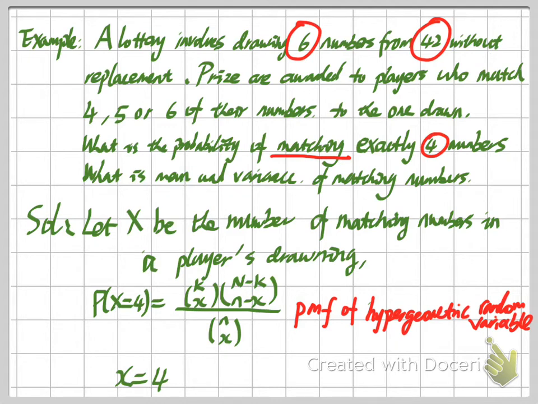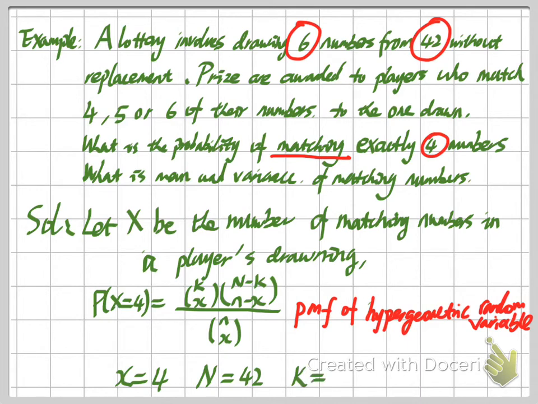And then what is capital N? Capital N is how many objects there are in total. In the question, they say we select 6 numbers from 42 numbers, so our capital N is 42. Next, what is our capital K?